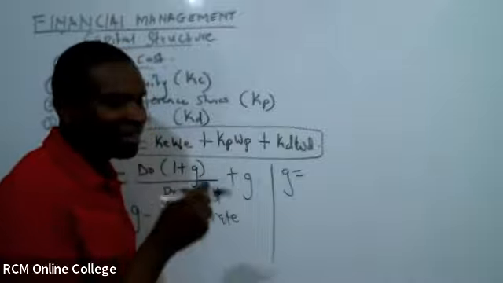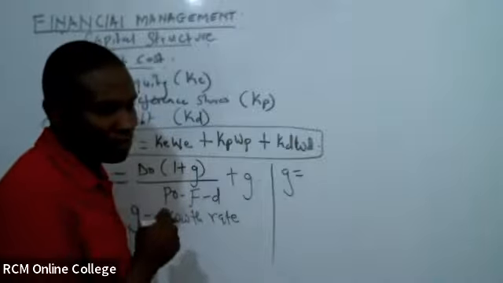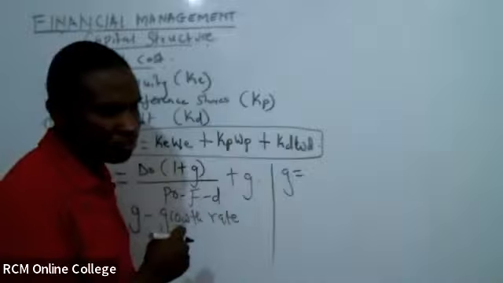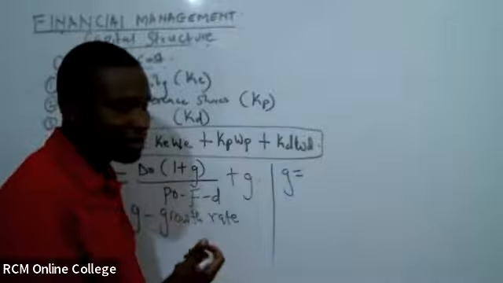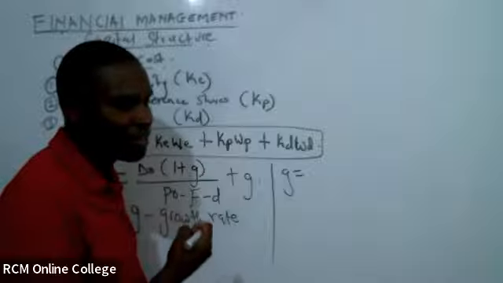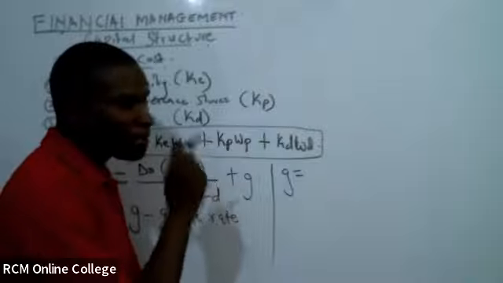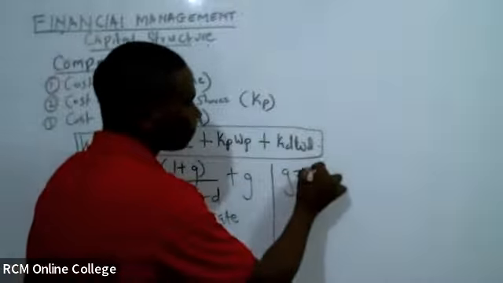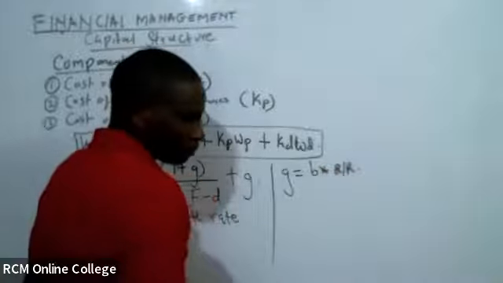Examiner, on the other hand, can give you the dividend payout ratio. So in the instances where the examiner has given you the dividend payout ratio, we say that g is given by b times the retention ratio.